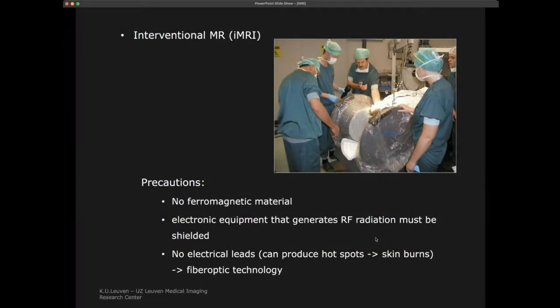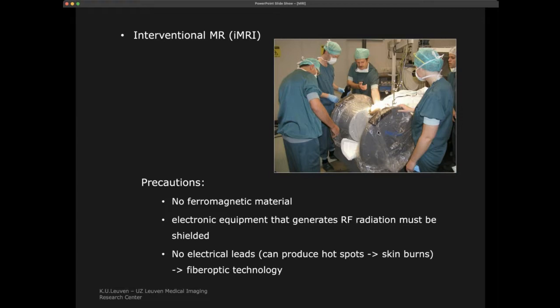Mostly we use this for regular imaging and just to do diagnostic imaging. But you could use the scanner also to do surgery and interventions. There's a few places where they have, but this is not so easy, because first of all, the scanner is bulky and big. And also normally surgeons use metal equipment to do the surgery, even for cutting and things like that, and all of these things you cannot use.